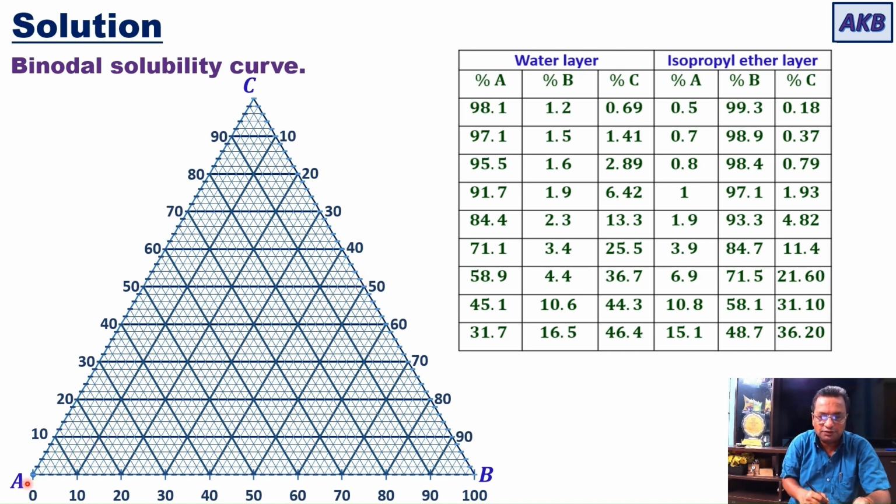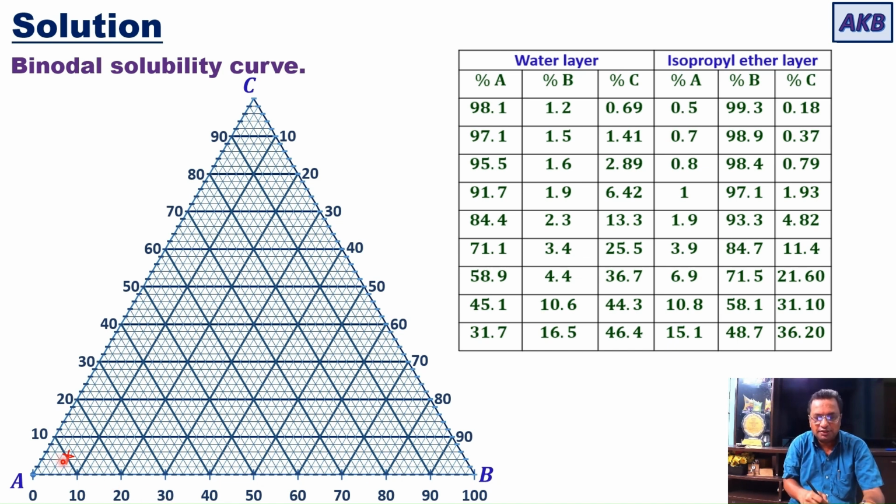So percentage of A will be the perpendicular distance of a point on this line from the side BC. So this line, if you consider a point, for example, this point, I have considered a point on the 10% line.